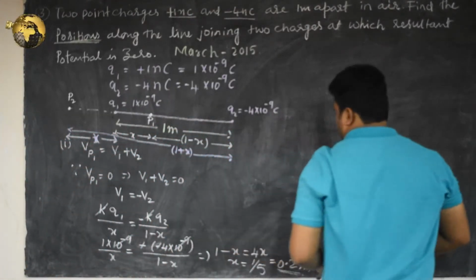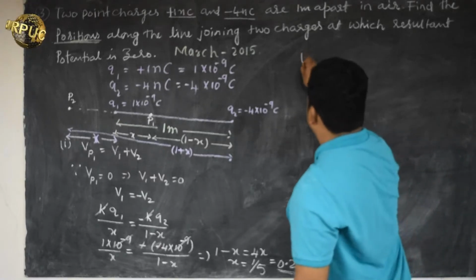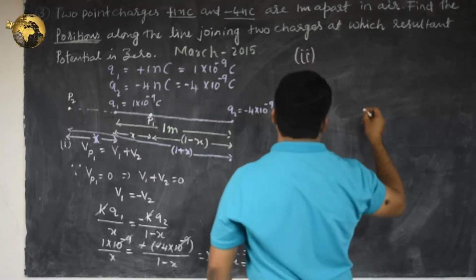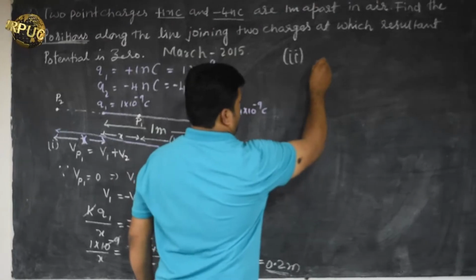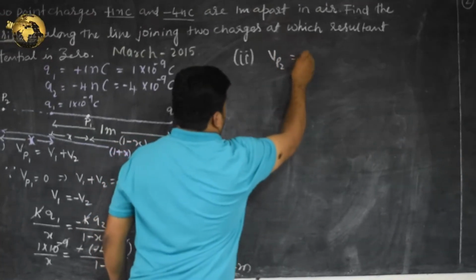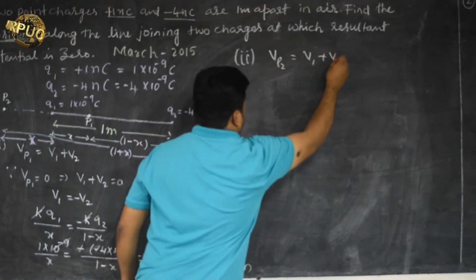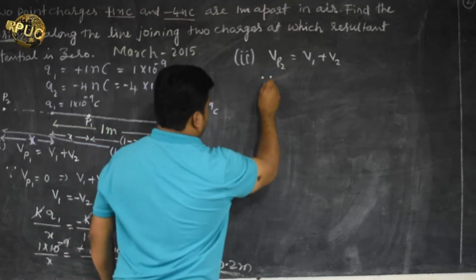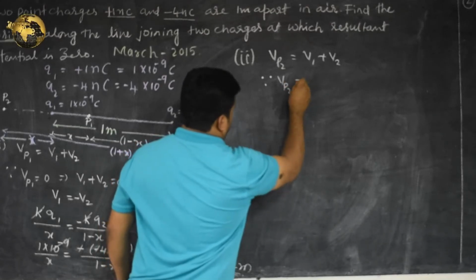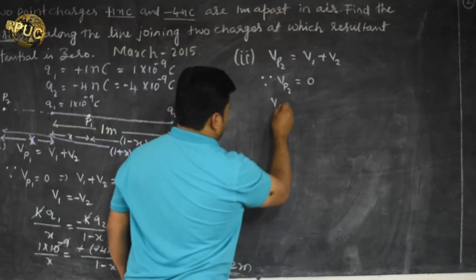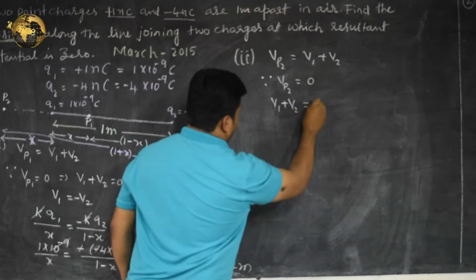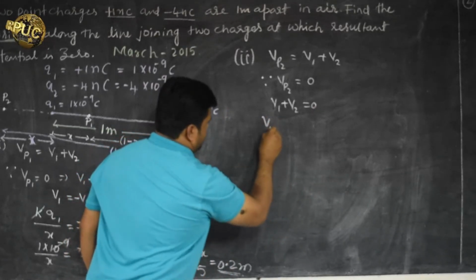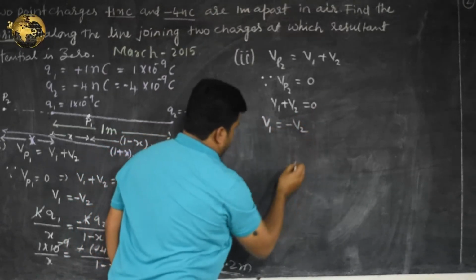Okay, so second case, Vp2 is equal to V1 plus V2, and Vp2 is the point where the potential is 0. That is, since Vp2 is equal to 0, V1 plus V2 is equal to 0. This I write as V1 is equal to minus V2.